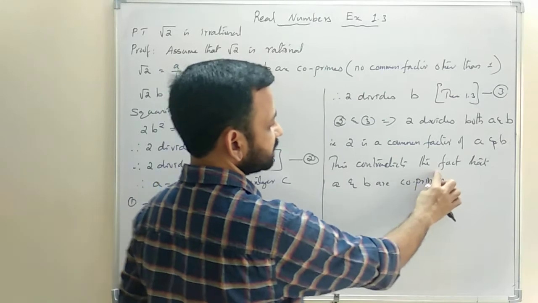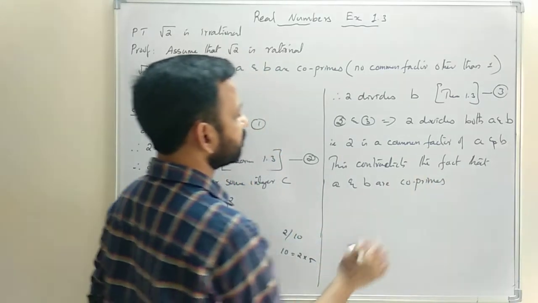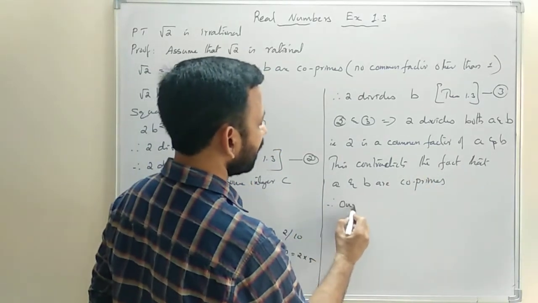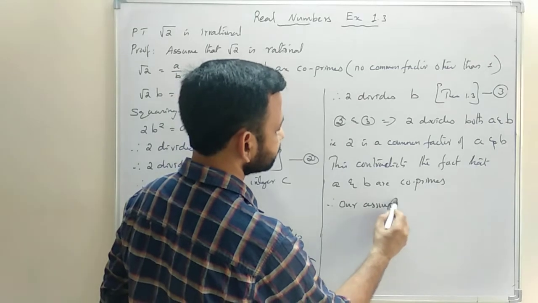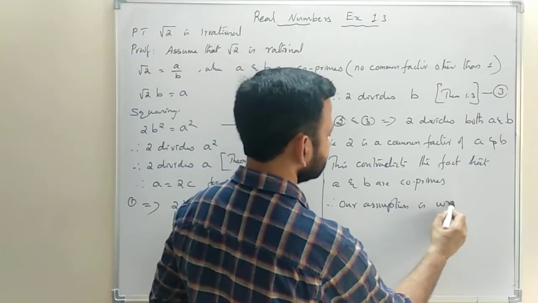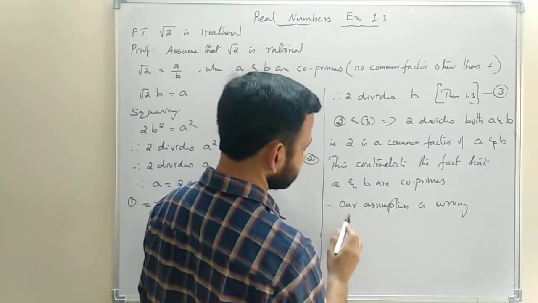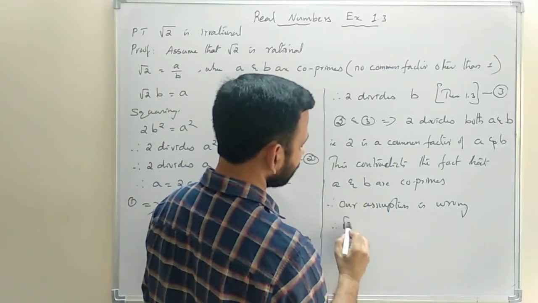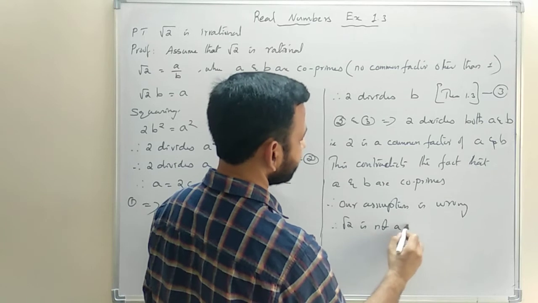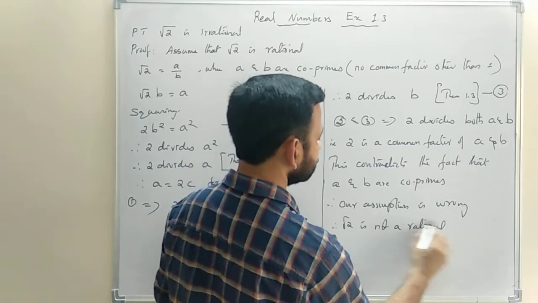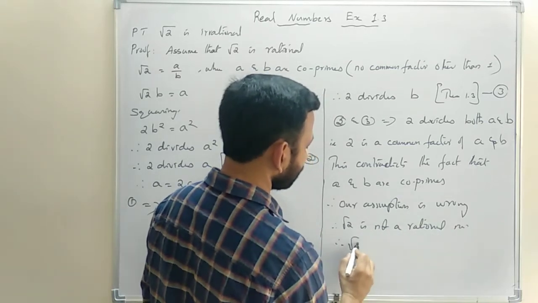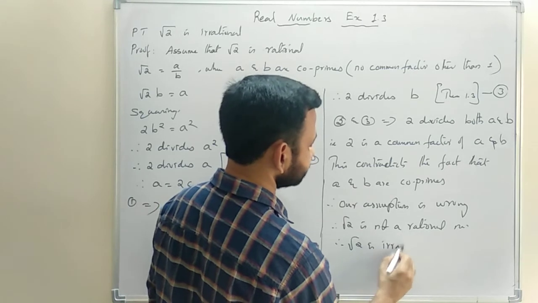So this contradicts the fact that a and b are co-primes. Therefore, our assumption is wrong. Our assumption was that root 2 is rational; that statement is wrong. Therefore, root 2 is not a rational number. Therefore, root 2 is irrational.